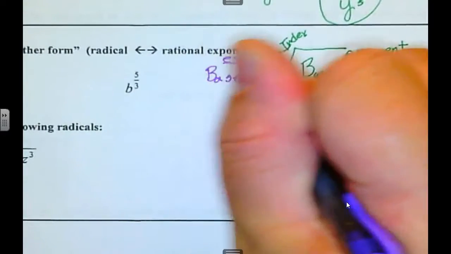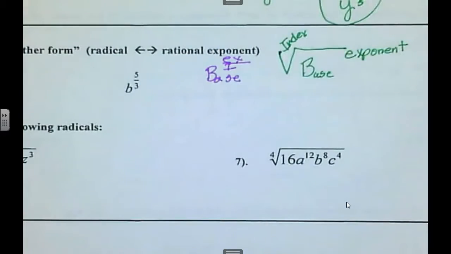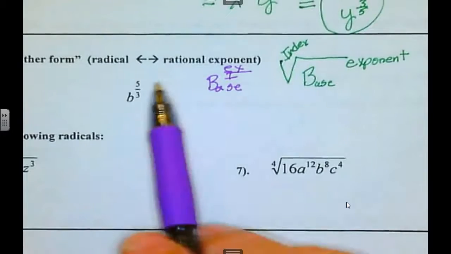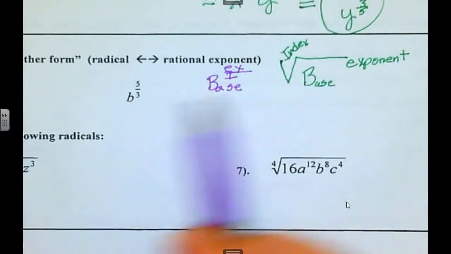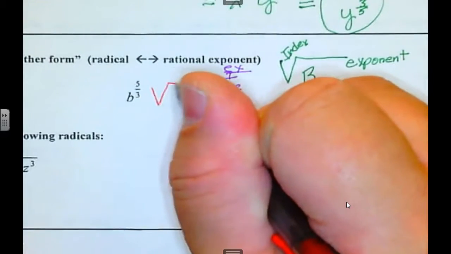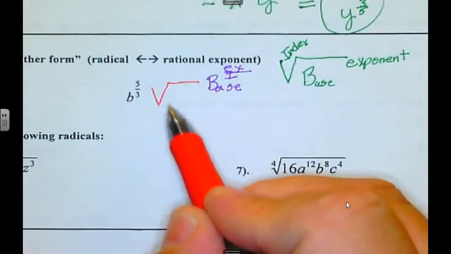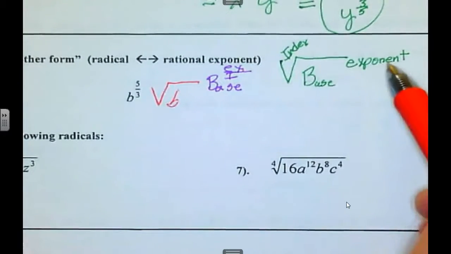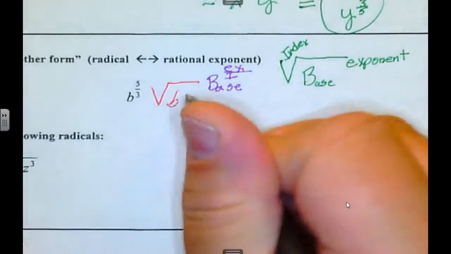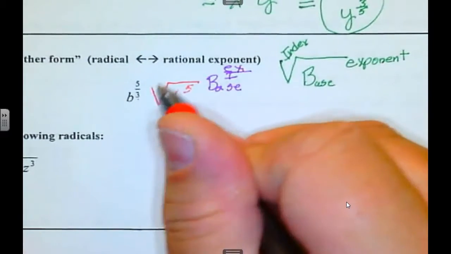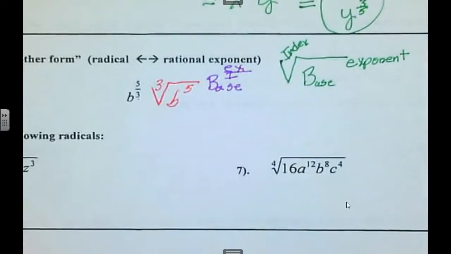Exponent divided by index. So, b to the 5/3, change it to radical form. Here's my radical. And my base is b. My exponent is out here, which is the top 5. My index is 3, goes in the root.